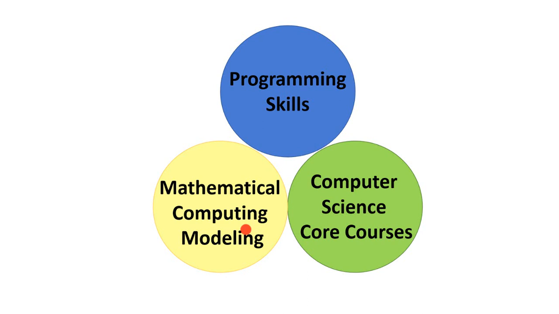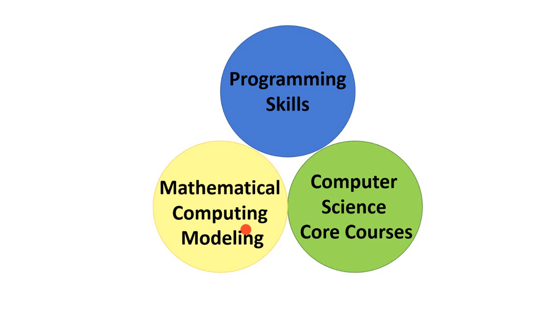So what is computer science and what will a computer science student learn? Here I summarize it into three major fields. One is programming skills. Usually in the undergraduate lower division, the first or second year, students will pick up the programming skills and maybe also the mathematical skills.